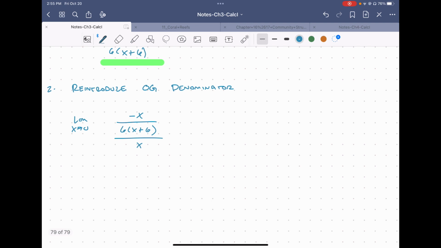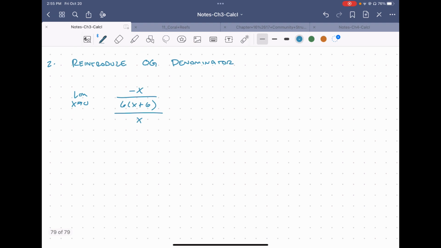Now at this point, fraction over fraction may seem confusing, but we are going to do this like regular fraction division. We're going to keep, change, flip. So the limit as x approaches 0, we have negative x over 6 times x plus 6, multiplied by 1 over x.